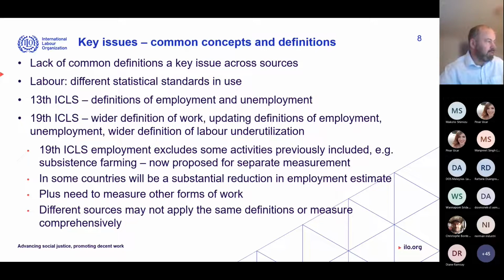For example, the 19th ICLS employment definition excludes some activities that were previously included in employment, for example, subsistence farming. And the idea with the 19th ICLS is that we now propose that some of these other activities should be separately measured. So it's not that they disappear, it's that we measure them separately so we can produce statistics on them, because they're quite distinct.